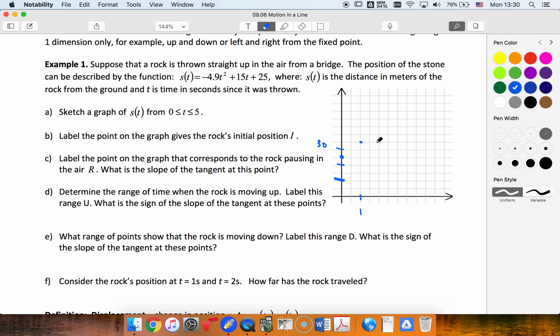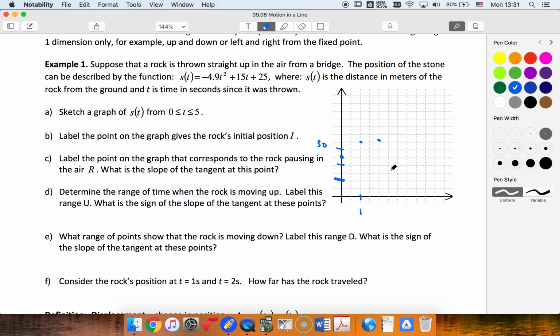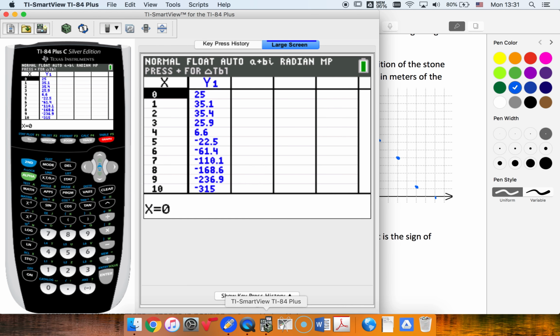At 2 we were also around 35, maybe a little bit higher than before. Then back near 25, so just above 25 over here, and then right above 6. And then at 5 seconds, we had come into negative territory.